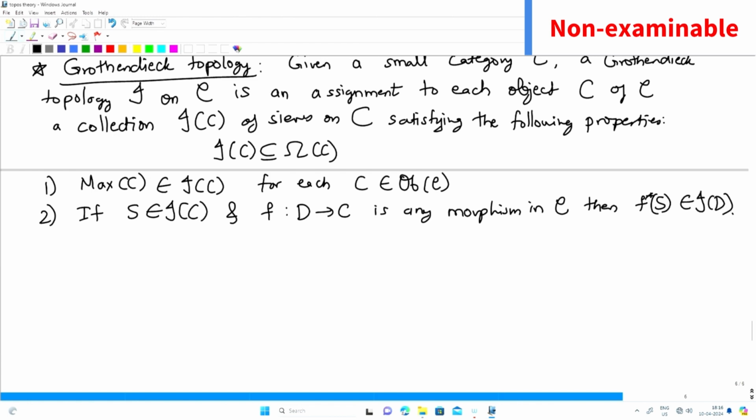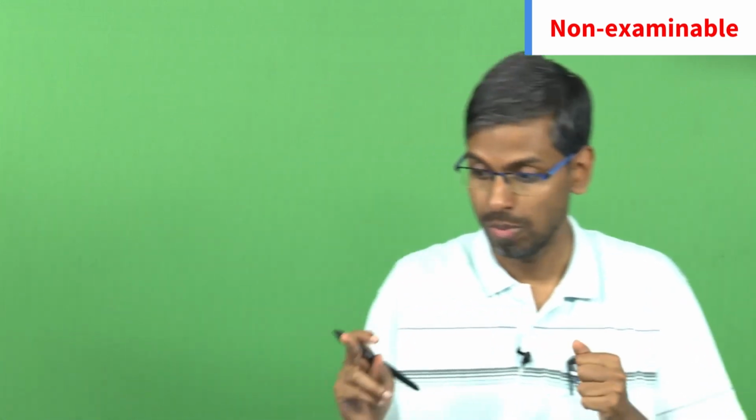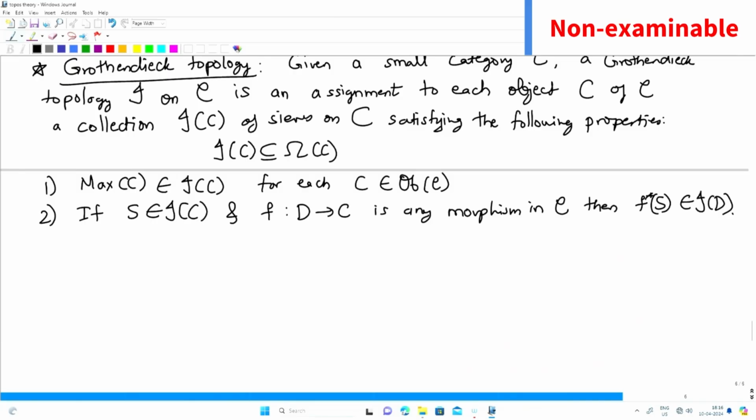Every pullback of a sieve is like a continuous map. And it's going in the reverse direction, obviously. Just like a continuous map requires that the inverse image of an open is open, this is like that condition. The first one is called maximality, the second one is called the pullback axiom, stability under pullbacks, and the third one is called the transitivity axiom.